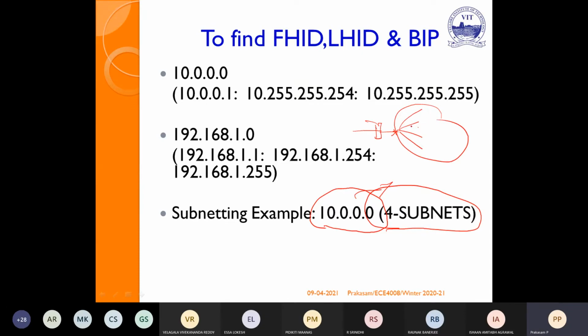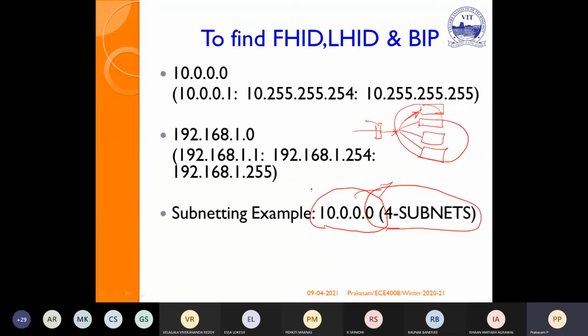For each and every subnet, for example in our VAST campus, the first subnet we assign, let us consider, to the ET block. Then similarly SJT, then MGR block, then some other block. Each and every respective block should be identified with a separate block ID, that is nothing but the subnet ID.